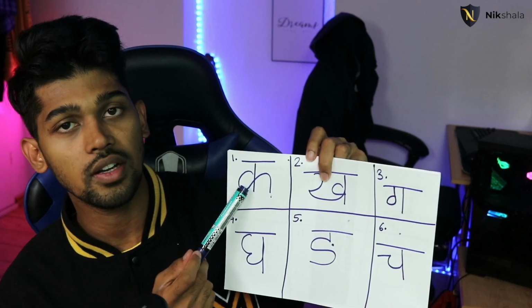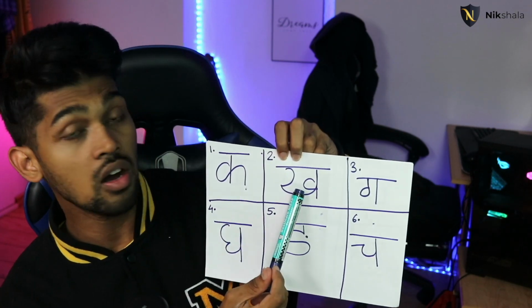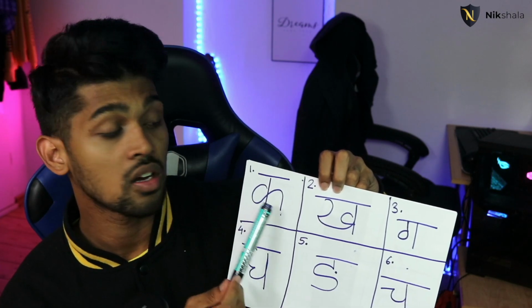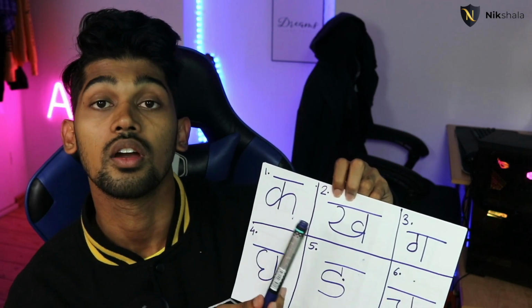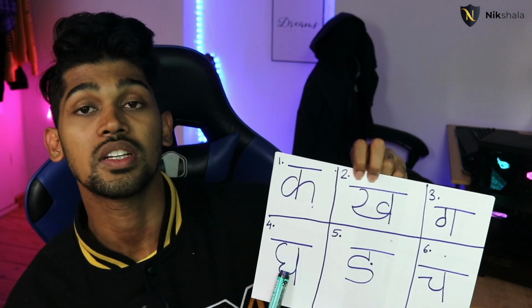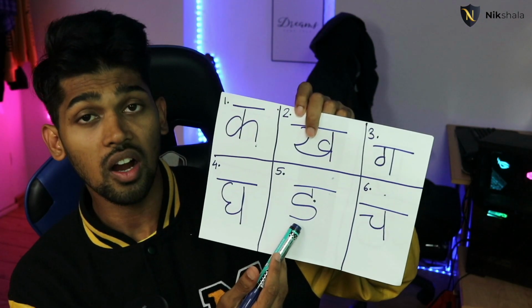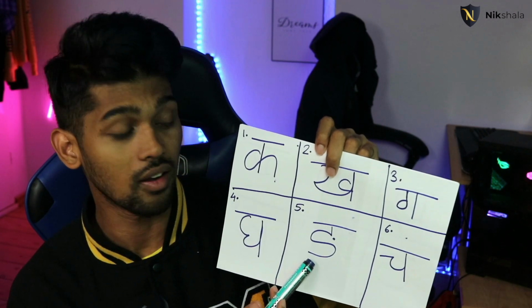The first letter is called K. Repeat after me. K. This is K. Third one is G. Fourth one is G. Fifth one is Ang. What is it called? Ang.